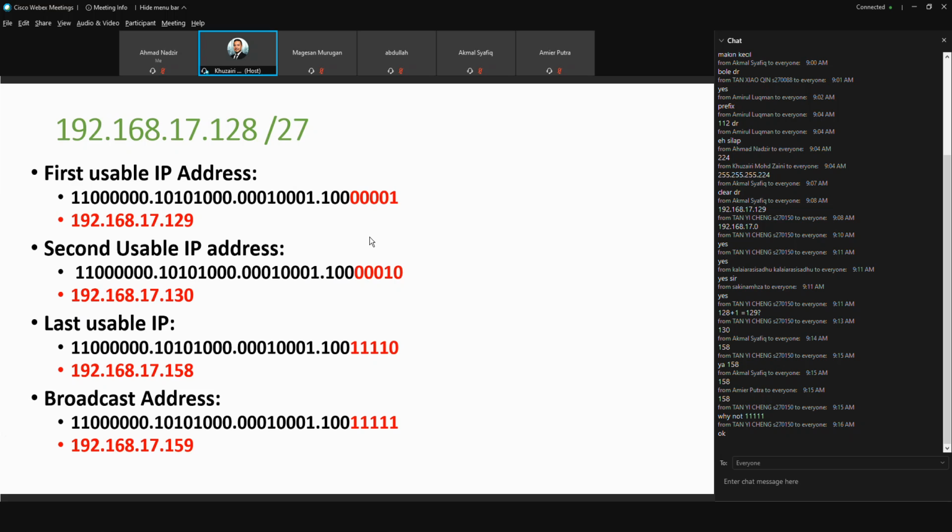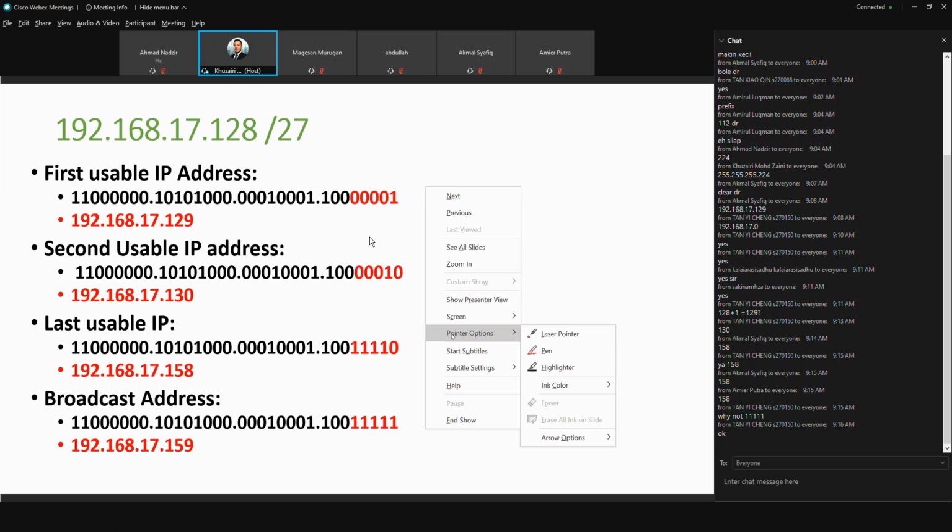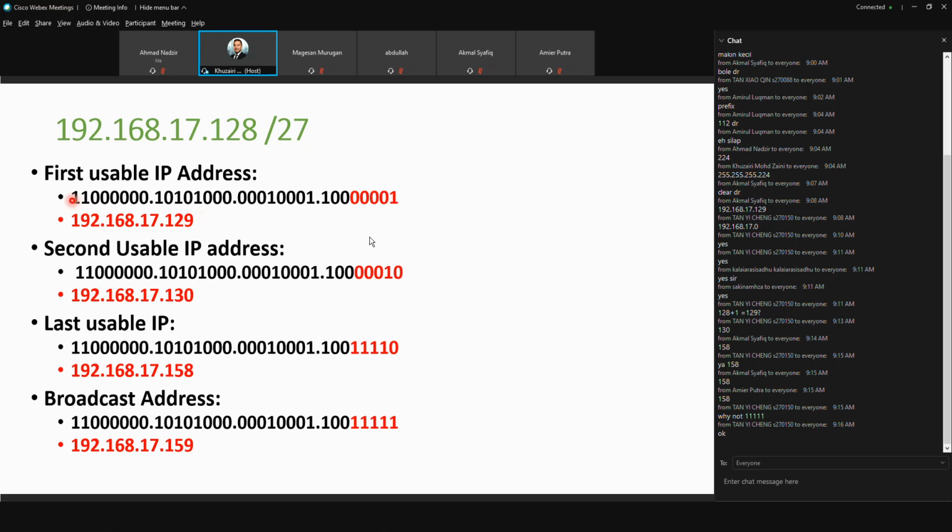The first usable IP address, okay, you start with the host portion becoming 1. The second becomes 10. So it's a combination of the digits. All right. You look at this one, the front. These are all maintained, 111 and 128.